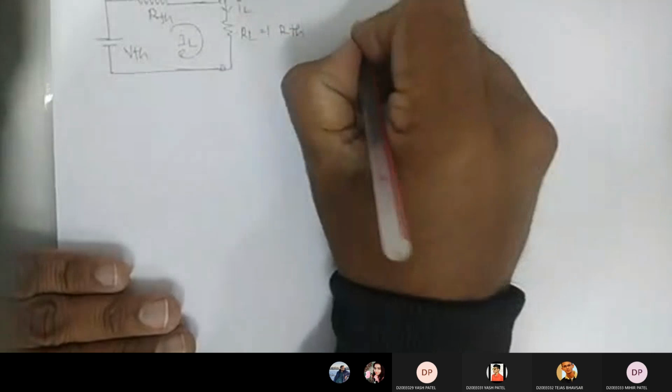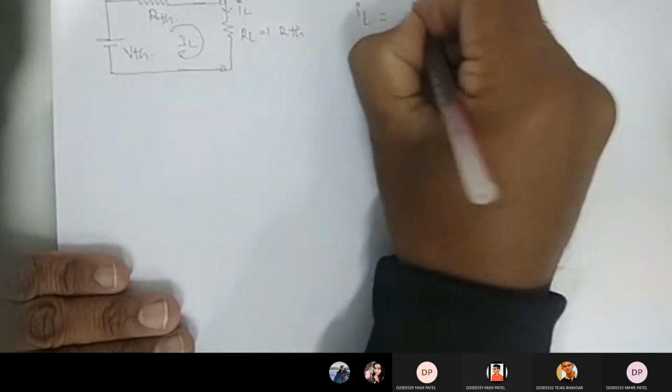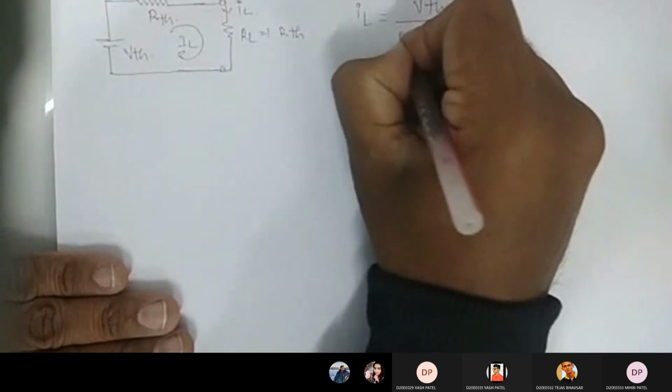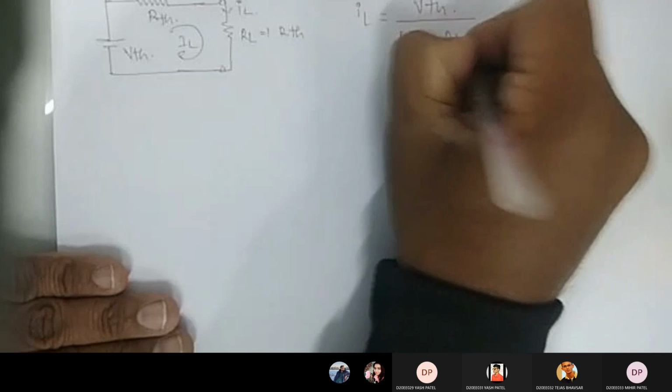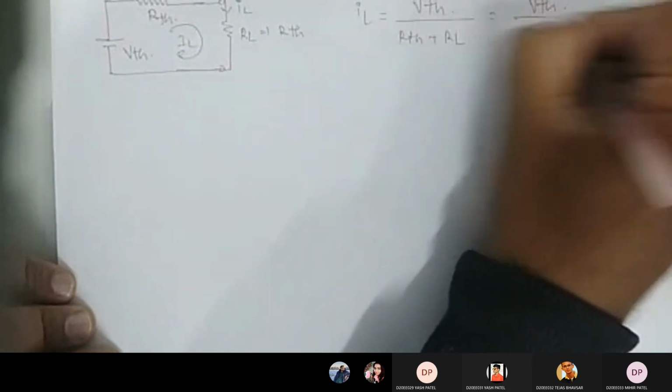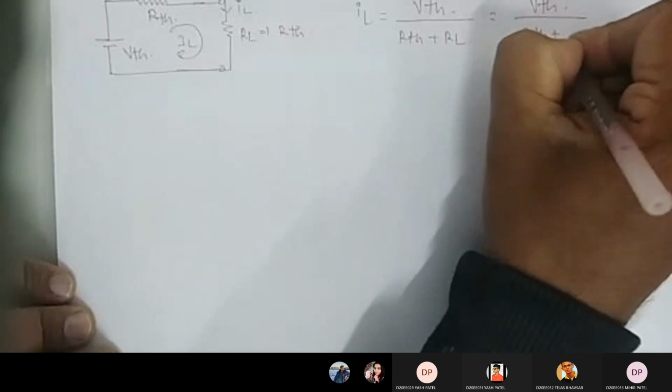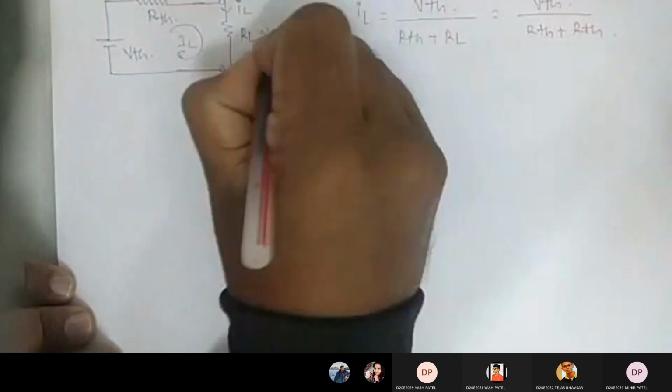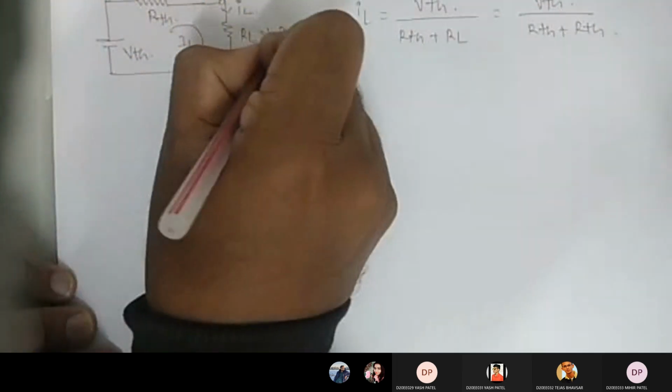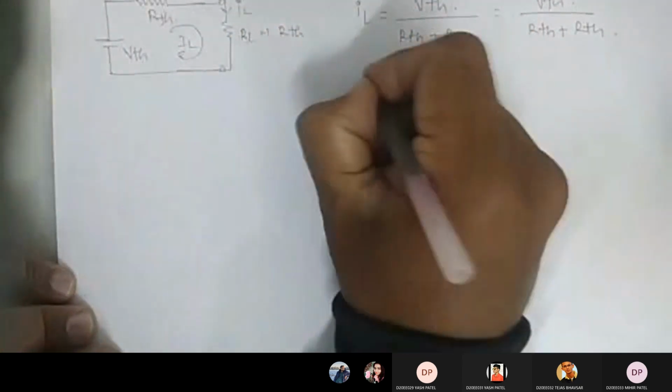According to Ohm's law, IL is equal to what? VTH upon RTH plus RL. But what is RL? It is VTH upon RTH plus RTH, because RL is nothing but RTH. According to the maximum power theorem, both should be the same.